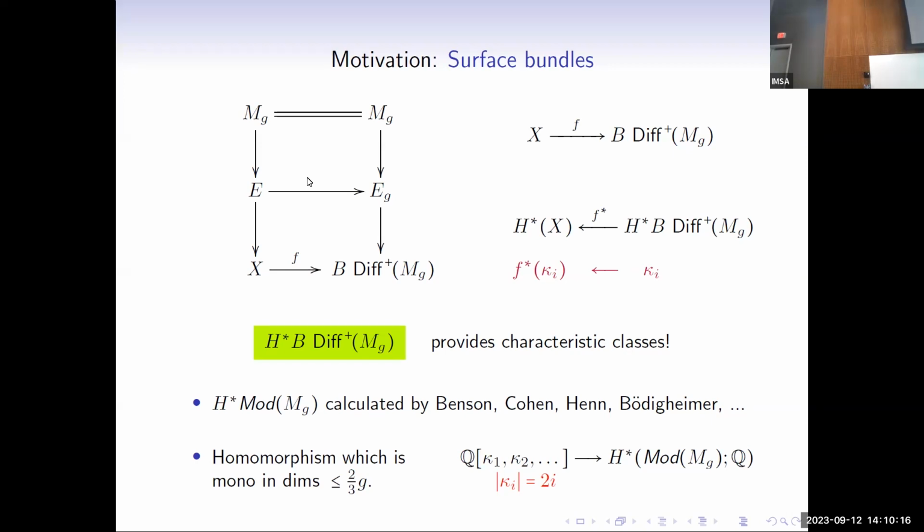And the cohomology of such groups has been calculated by various people, right?